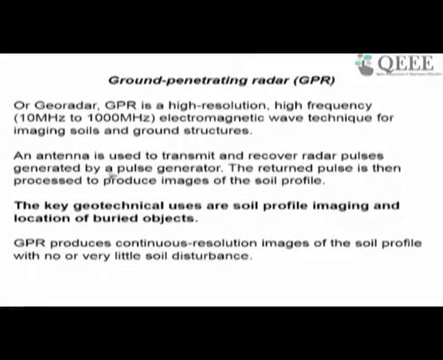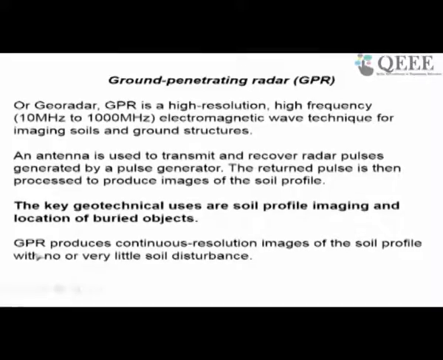If there is some buried object, it reflects back some of the pulses, which the radar records, and that information is used to know whether there is some kind of buried object. So as I mentioned, this is mostly used to find out whether you have buried objects at the site or not.